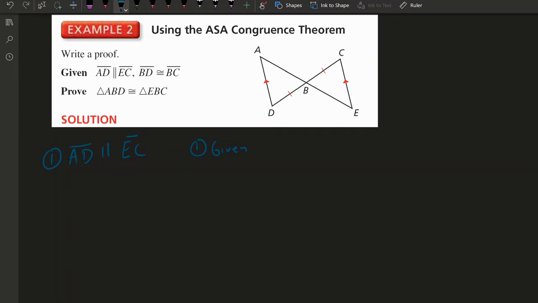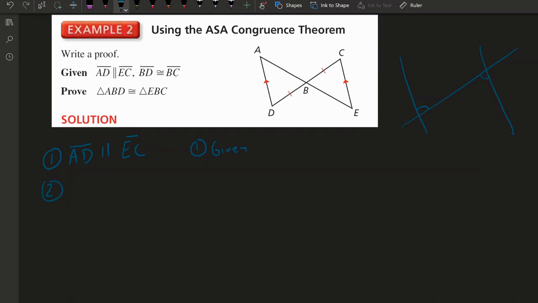What I see is I've got these two parallel lines, and then I've got this transversal DB. What I notice is right here, I'm going to draw this off to the side. Here are my parallel lines, and then here's the line cutting through them. Angle D would go right here, and angle C would go over here.